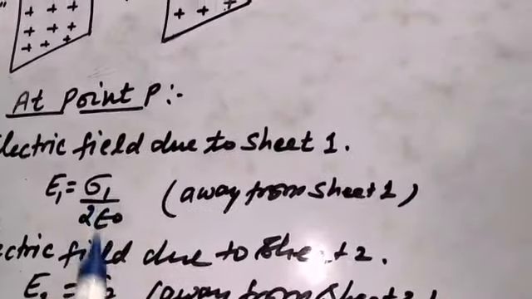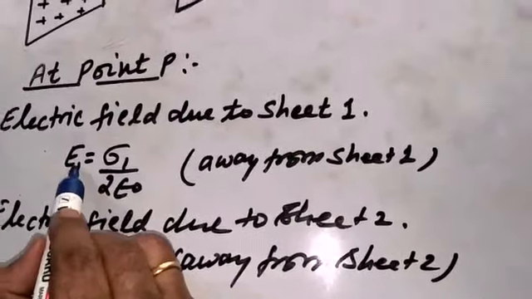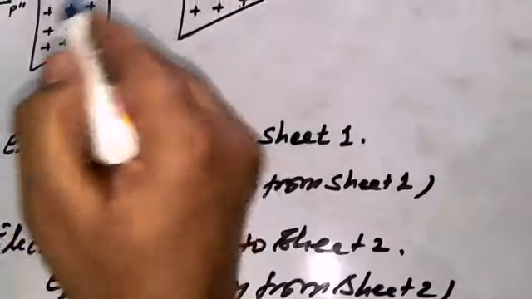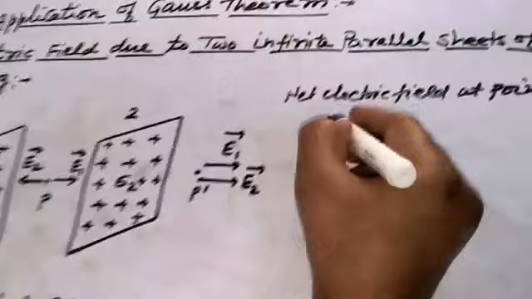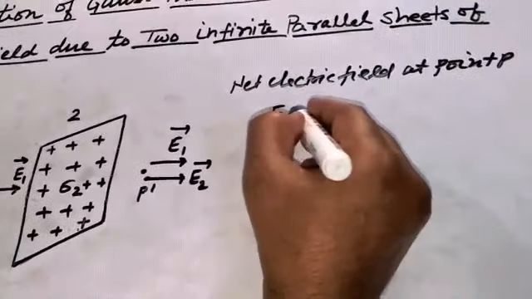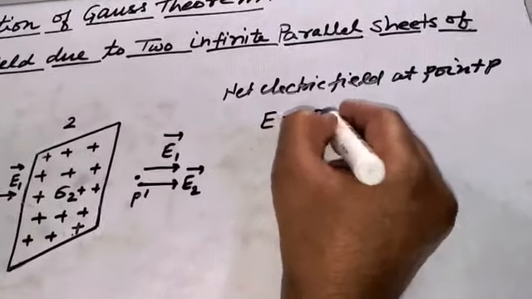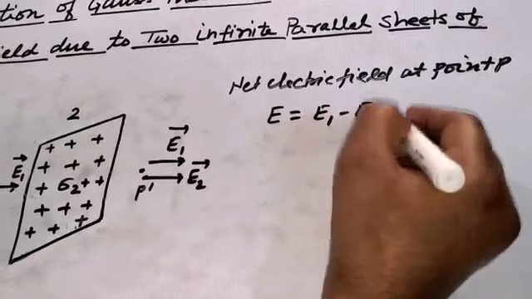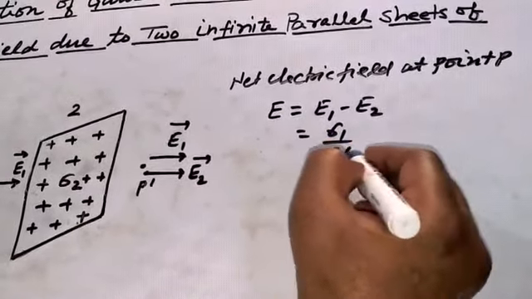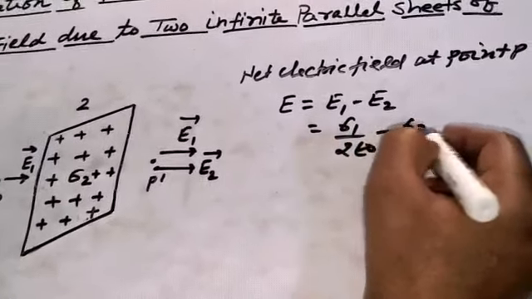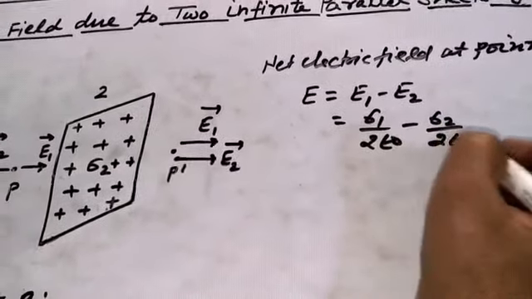If sigma 1 is greater than sigma 2, then you can say E1 is greater than E2. Here I am supposing this. So the net electric field between these two parallel plates is equal to E1 minus E2, which is sigma 1 upon 2 epsilon naught minus sigma 2 upon 2 epsilon naught.